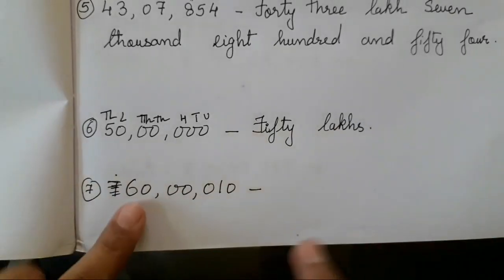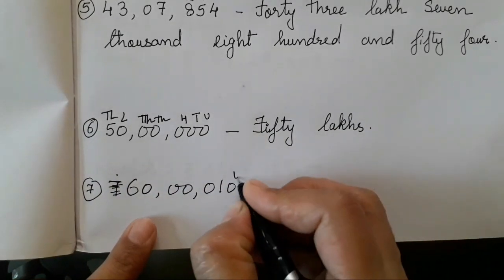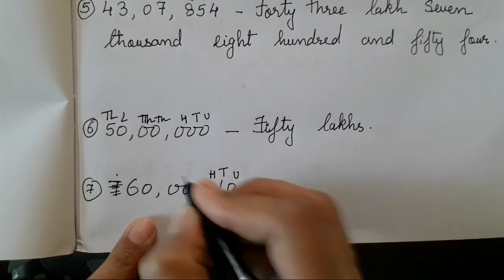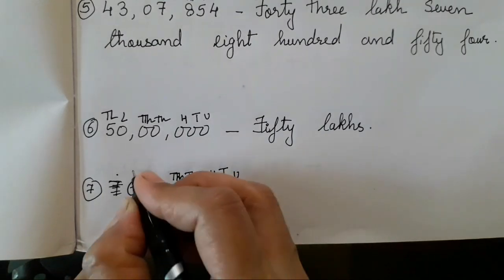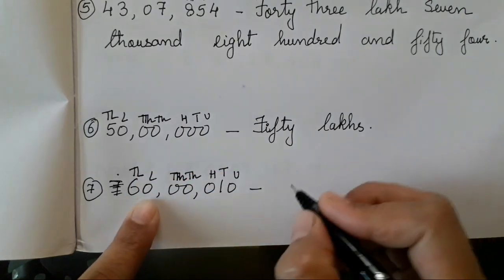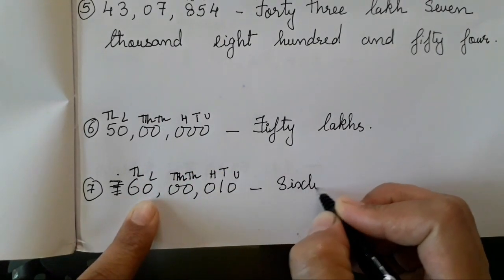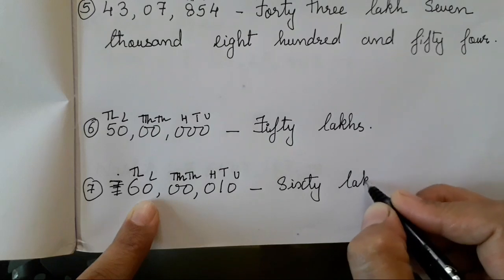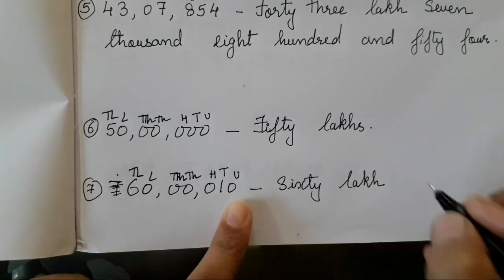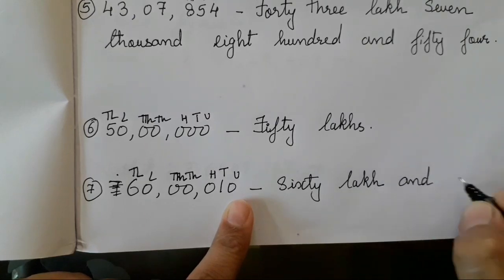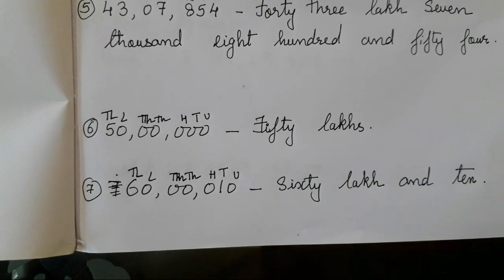Now next, same kind of a sum, but over here unit and tens place have numbers. So this is 60 lakh, no numbers, and 10.